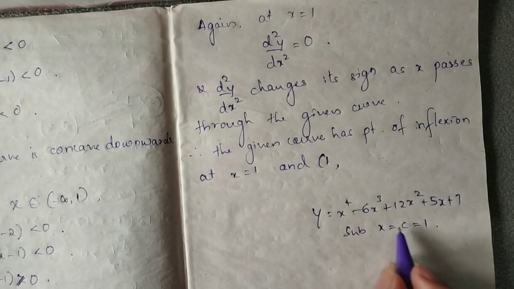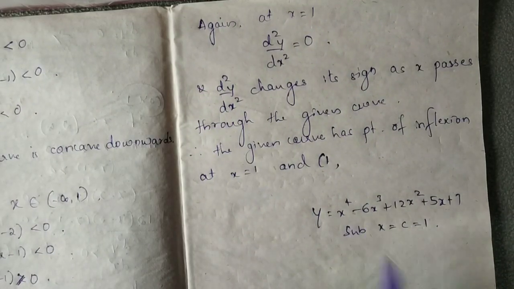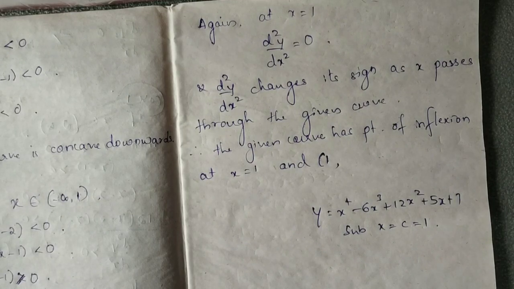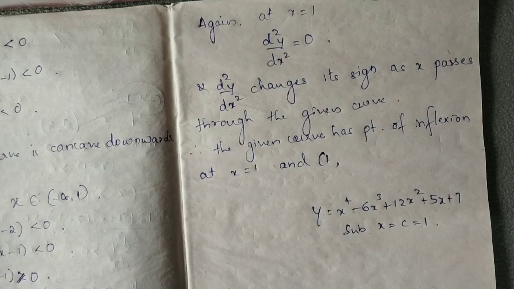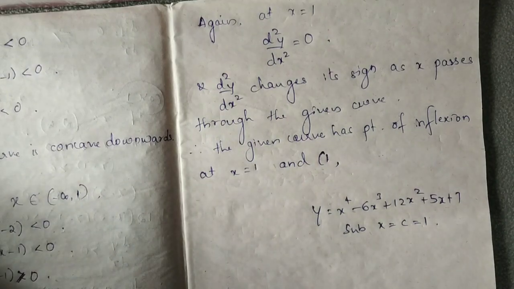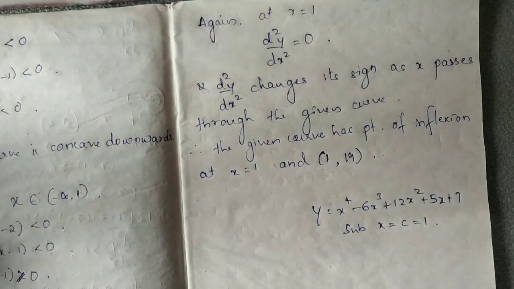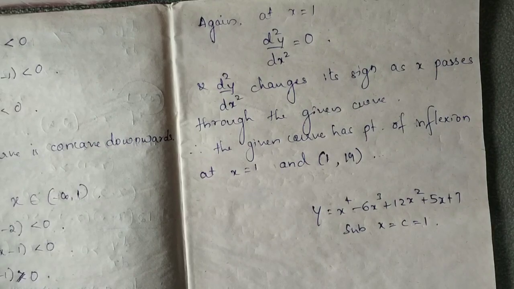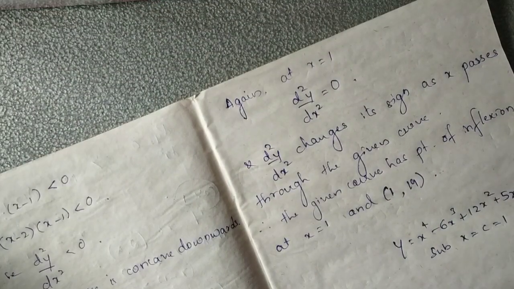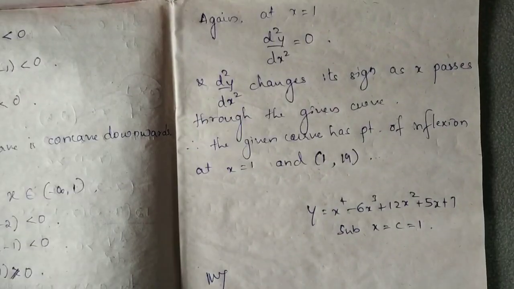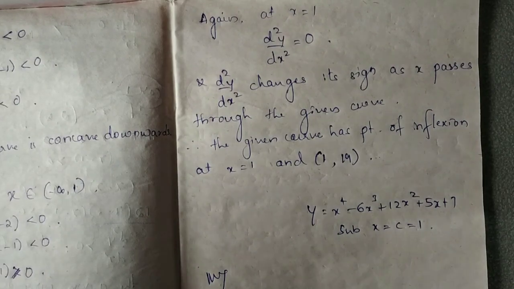So substituting 1: 1 raised to 4 minus 6 into 1 cube plus 12 into 1 square plus 5 into 1 plus 7. 1 minus 6 plus 12 plus 5 plus 7. 12, 12, 24, 24 minus 18, 19. I got 19. What's your answer? Similarly, you can find the value at x equal to 2.